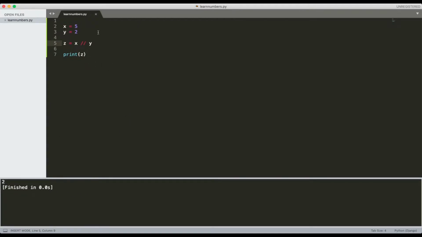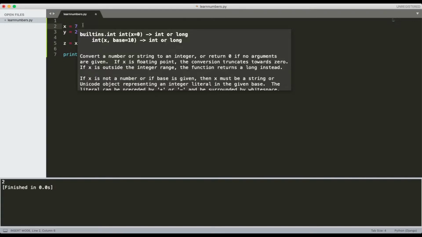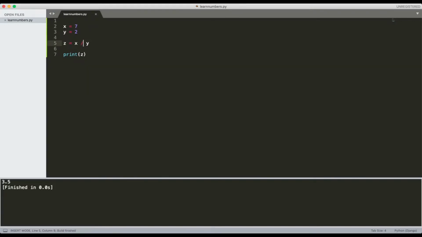Same idea if we did 7 divided by 2. This would give us back 3.5, but if I floored it, I would get 3 back. This is exponent 2, so this is 7 to the power of 2. One star means multiplication, 2 stars means to the power of. So this would be 7 to the power of 2, which should be 7 times 7, and that's 49 as expected.